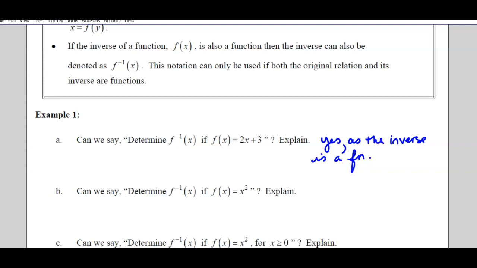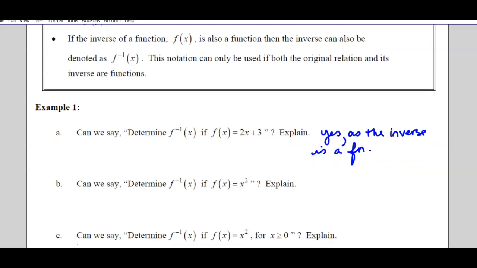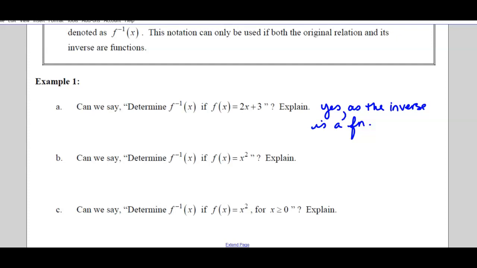Okay. What we just did was the parabola. Can we use this language? No. Right? Okay, because it's not a function. But if we restrict the domain, okay, we give you some restrictions, then yes, you can use it.